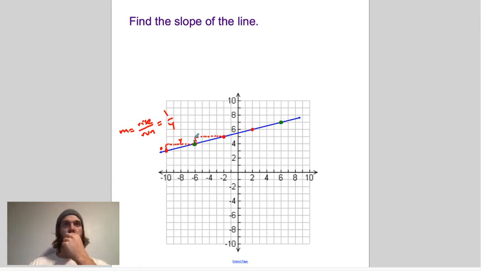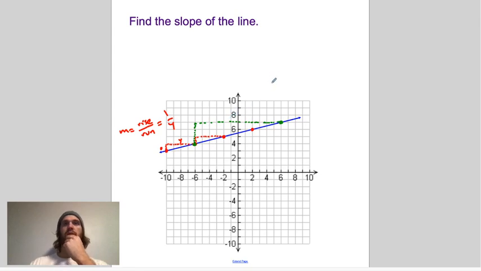Well, let's count up. How far do I go up? I go up 3, and I go over 6 plus another 6 is 12. So up 3, over 12.